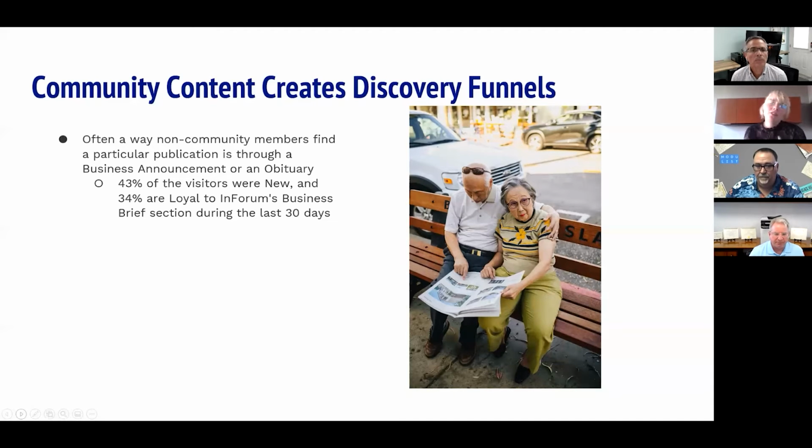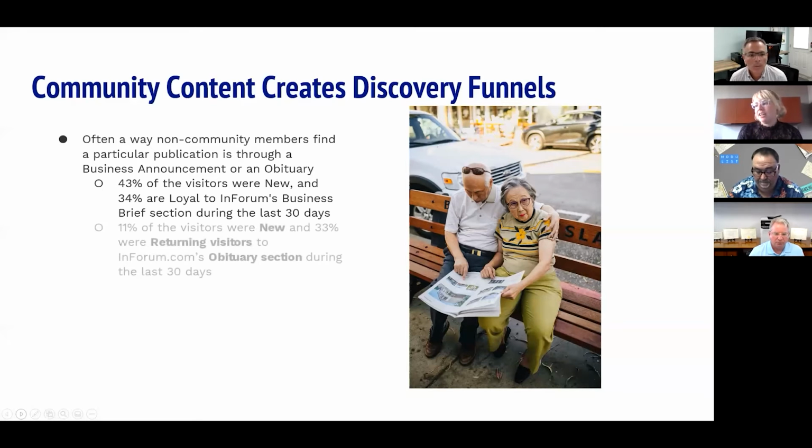So right now, for example, 43% of the visitors were new and 34% of the visitors were loyal to Inforum's business brief section. And that is the section that publishes anything that comes through Modulist that's the business brief. So an announcement about business achievement, a press release, anything like that.